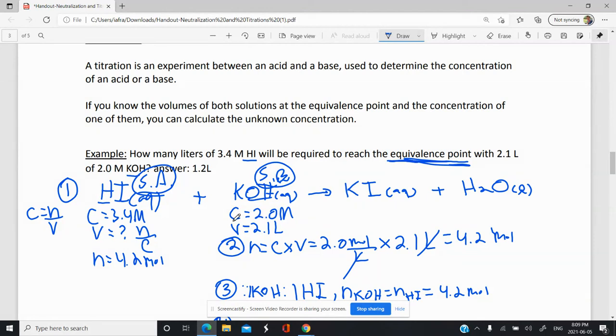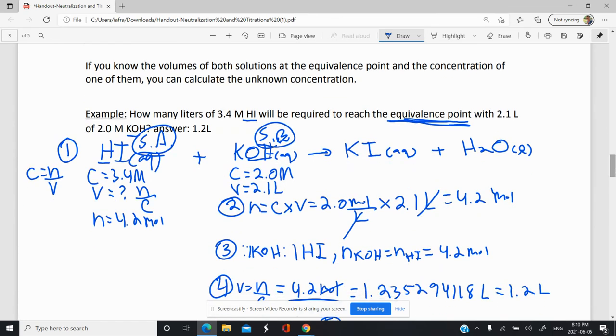We were using known concentration and known volume to predict how much of this acid volume-wise should completely react with this known stuff over here. So we didn't have any unknown concentrations in this case, but in many titrations that you do, you're doing that to find an unknown concentration.